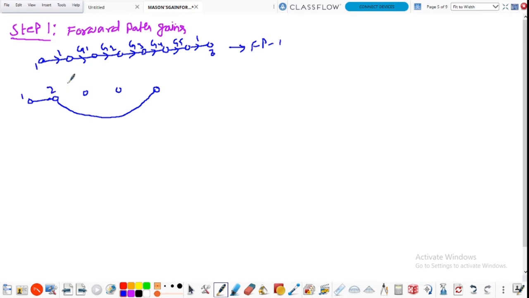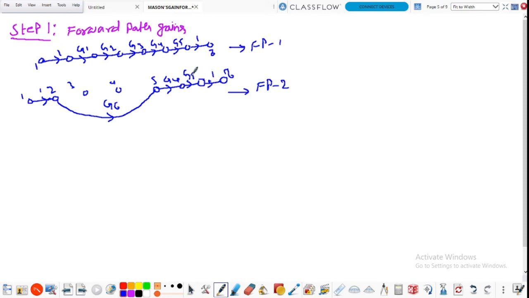Node 1, node 2, node 5, 5 to 6, 6 to 7, 7 to 8, and this is the second forward path. This gain is 1 and this gain is G6. This gain is G4 and this gain is G5. This gain is 1.